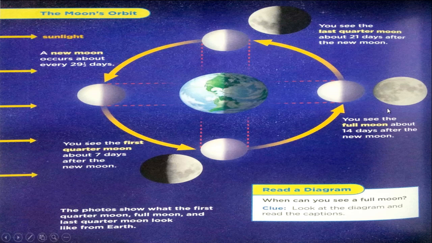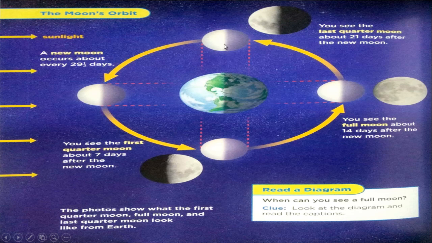And then after 14 days, we can see all the lit part of the moon, which is the full moon. As the moon continues to revolve, you begin to see less and less of the lit side, like here.